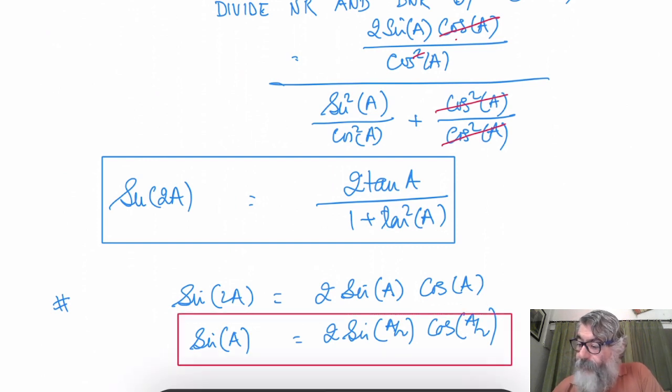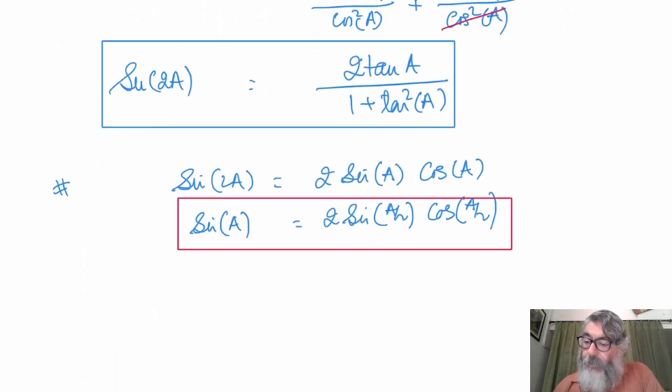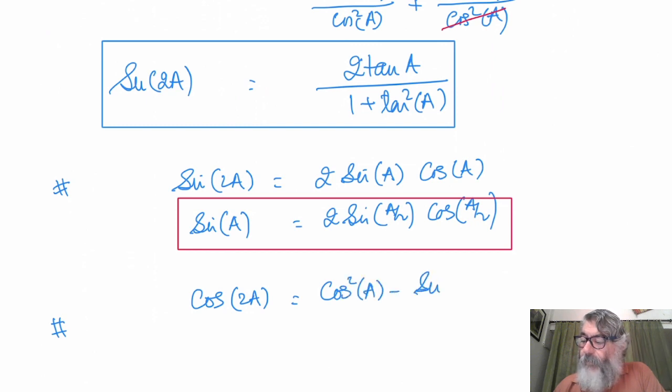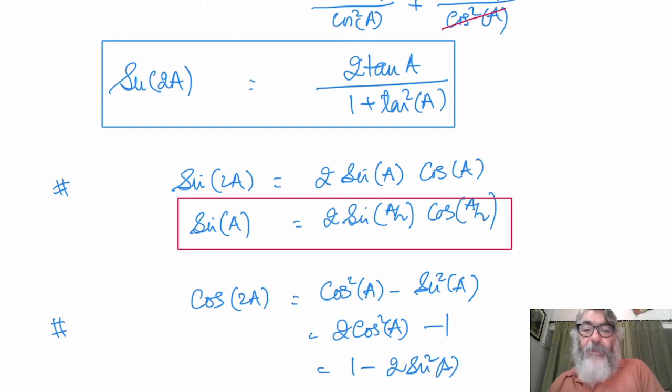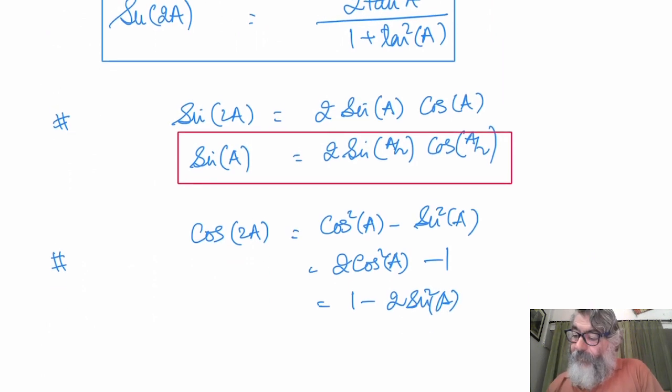Similarly, let us see cos 2A. Cos 2A is cos square A minus sin square A. It is also equal to 2 cos square A minus 1. It is also equal to 1 minus 2 sin square A. But if I replace 2A by A, what will happen?